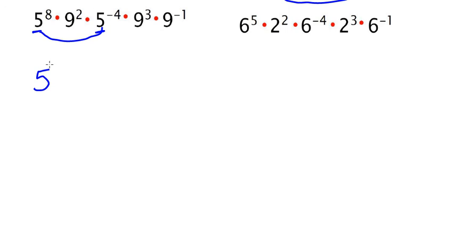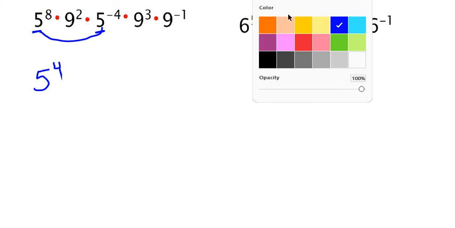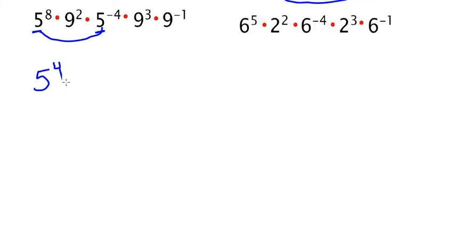Well, 8 plus negative 4 is equal to positive 4. So that is going to be 5 to the power of 4. Well, these 9s are going to be their whole separate term here, because we're going to be multiplying by a different base.